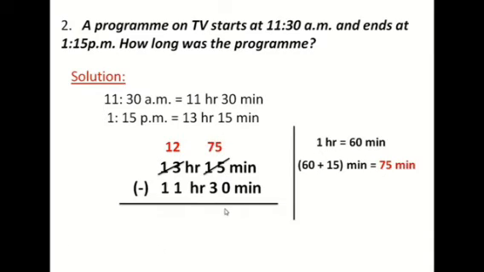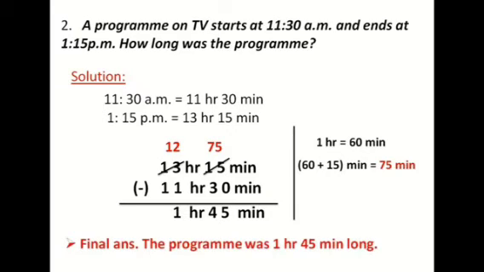It will be 45 minutes. And here 12 minus 11 will give you 1 hour. So the difference is 1 hour 45 minutes. The question was, how long was the program? The program was 1 hour 45 minutes long. Please complete the sum.